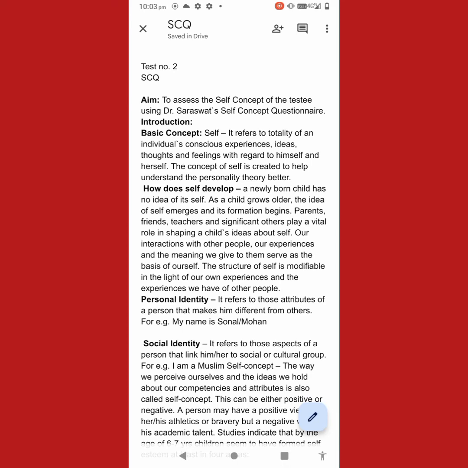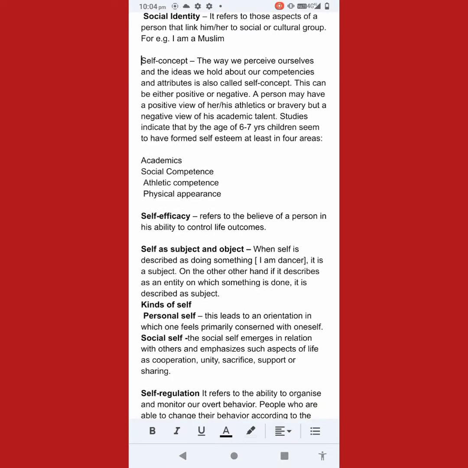After this, students, you will be writing about what self-concept is. The way we perceive ourselves, whatever ideas we hold about our competencies, whatever characteristics we think are present in us, forms our self-concept. This could be positive, this could be negative, but for healthy development, it should actually be positive.